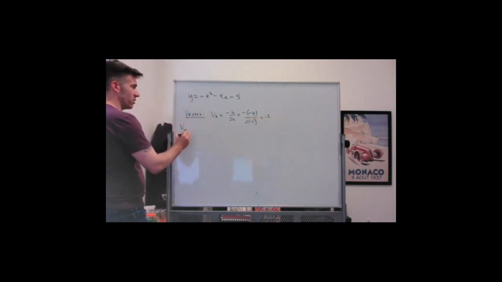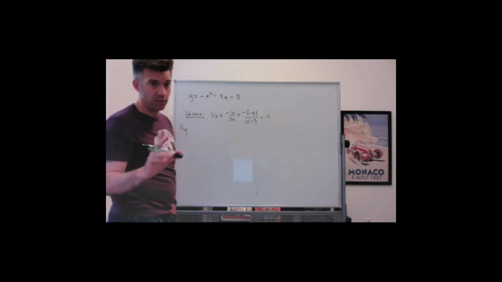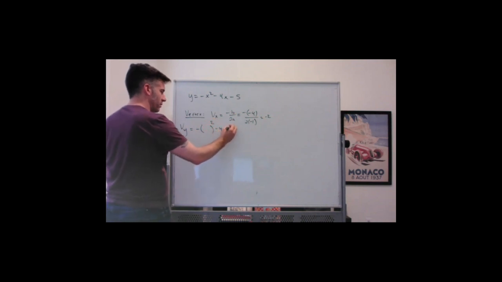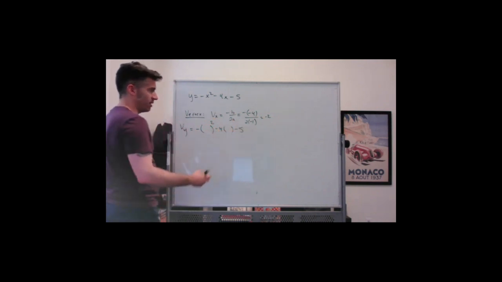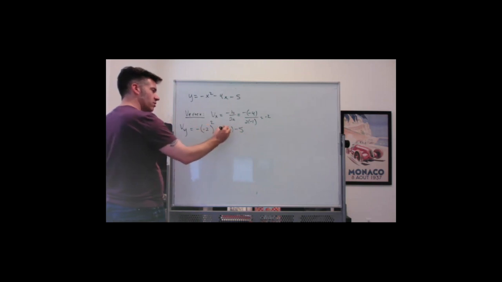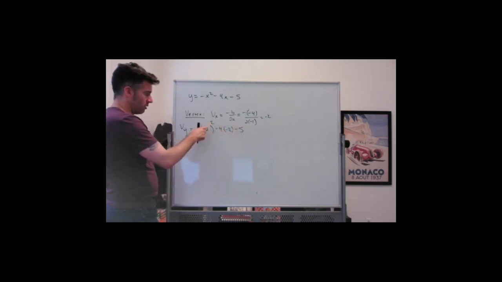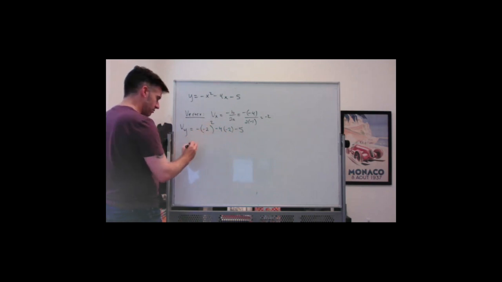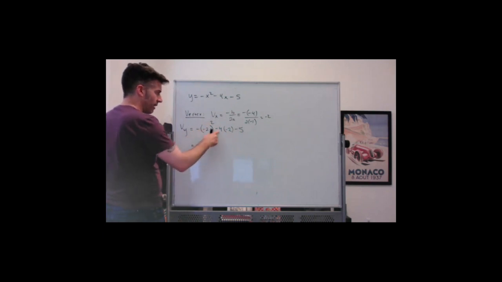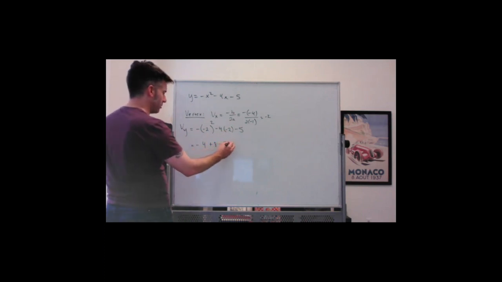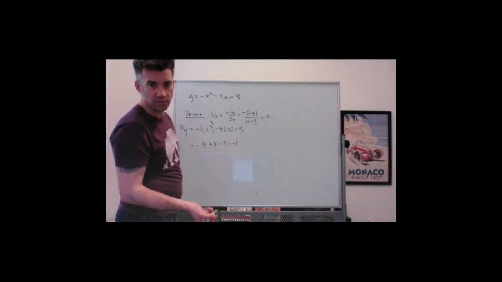The y coordinate, we're just going to plug in negative 2, so be careful. It's going to be negative x squared minus 4 times x minus 5, plugging in negative 2 for x. So negative 2 squared is 4, and then it's negative 4. Minus 4 times minus 2 is plus 8. Minus 5. So negative 4 plus 8 is 4, minus 5 is negative 1. Interesting.